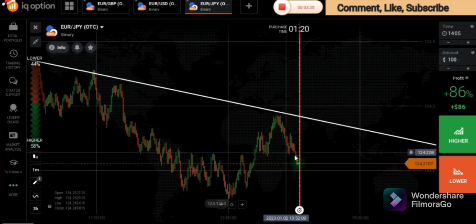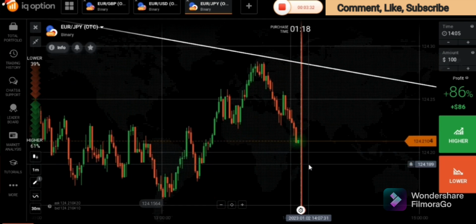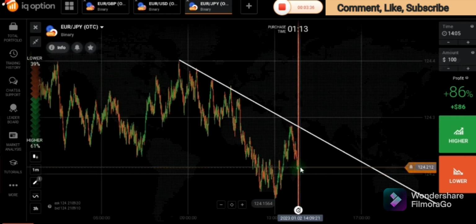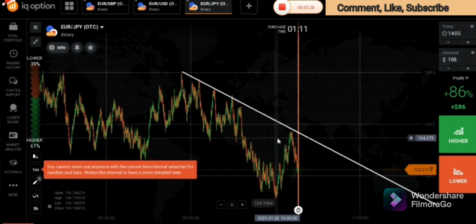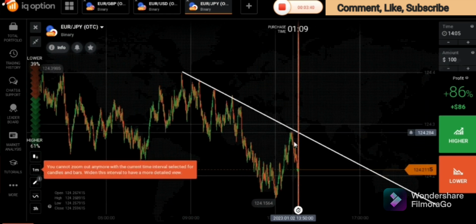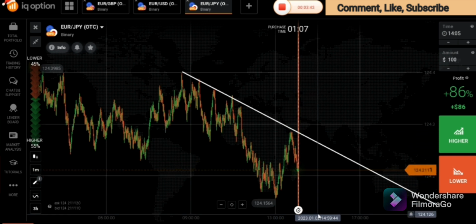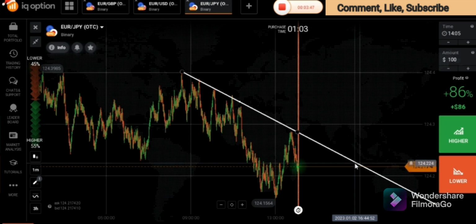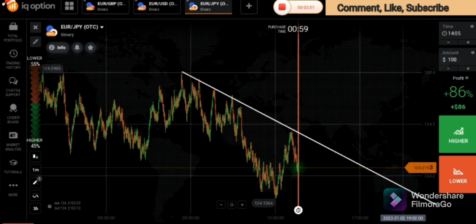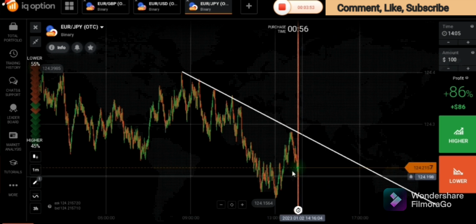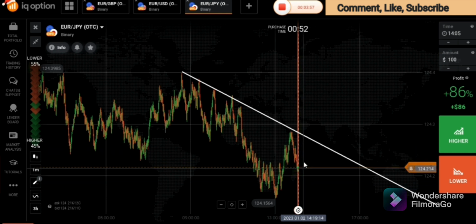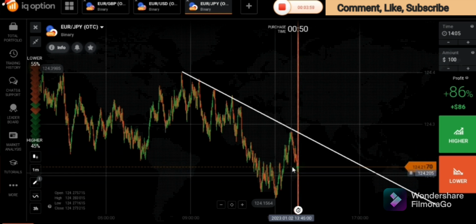So I am not going to jump into any trade at the moment. All I can do is wait for the market to create a new low somewhere around here, and then it's gonna retrace back, and then we can take a trade in the downward direction. So until then, I don't have the trade opportunity over here, so I'm just going to wait.